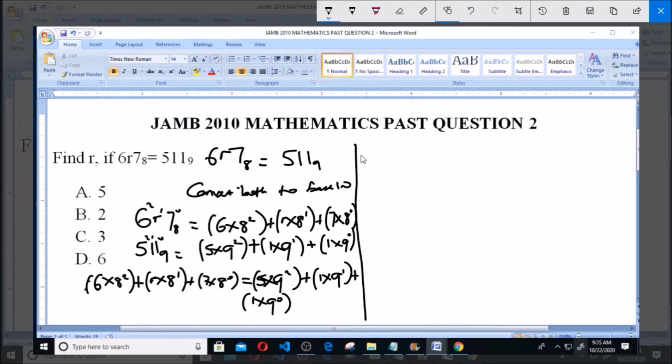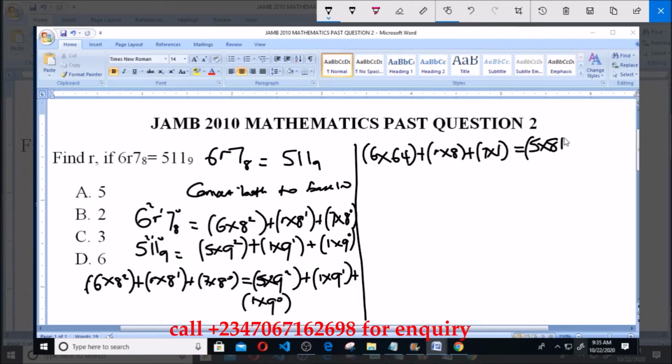Now from this we have that 6 multiplied by 8 raised to the power of 2 will give us 64, plus R multiplied by 8 raised to the power of 1, which is 8, plus 7 multiplied by 1, since 8 raised to the power of 0 is equal to 1. Then this is equal to 5 multiplied by what? 9 raised to the power of 2 is 81, plus 1 multiplied by 9, plus 1 multiplied by 1, since 9 raised to the power of 0 is 1.